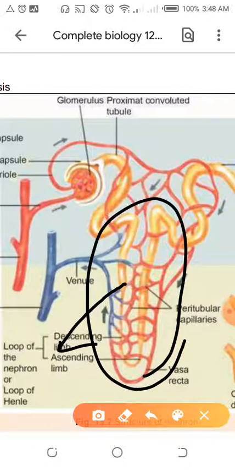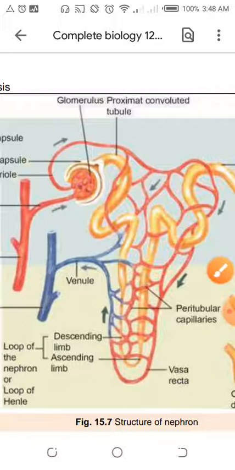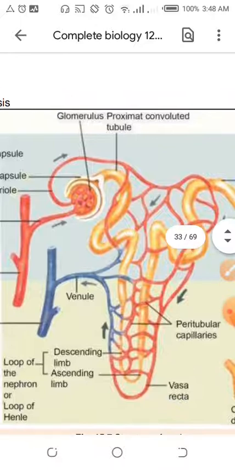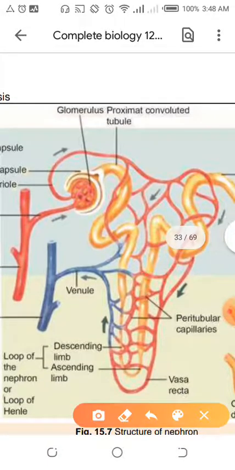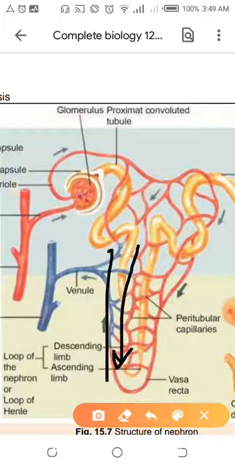It is going by the counter current multiplier. I think that is not included in your syllabus, but I will tell you in a simple fashion what the counter current multiplier mechanism is. The water is moving in the downward direction in the tube, the descending limb, and the blood in the capillary, the vasa recta, is moving in the upward direction.